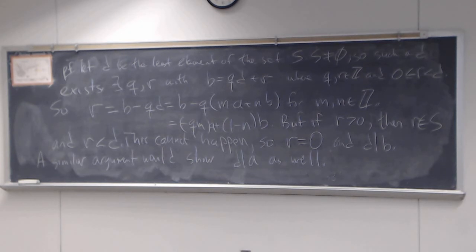So that means there are two integers, s and t, with, since k divides a, a equals s times k. And since k divides b, b equals t times k.